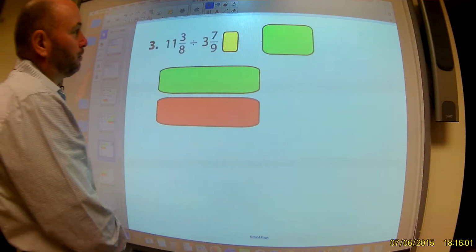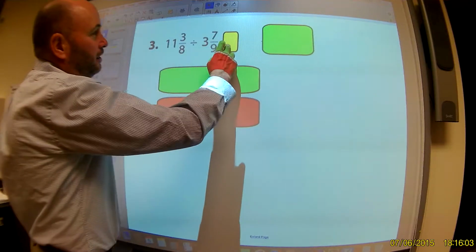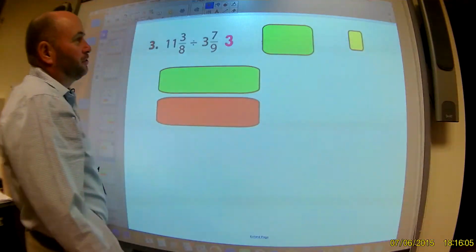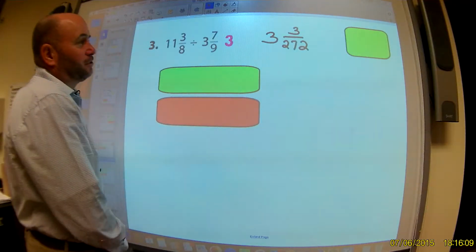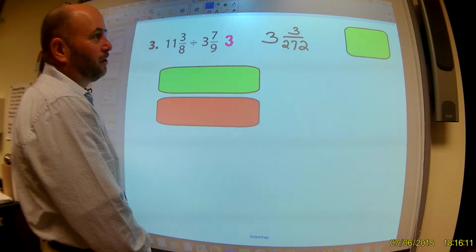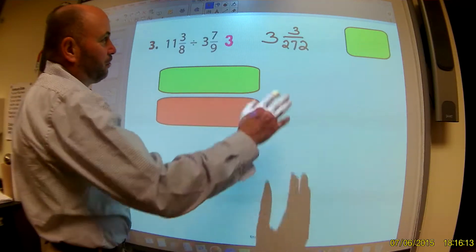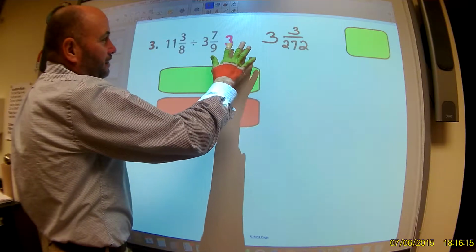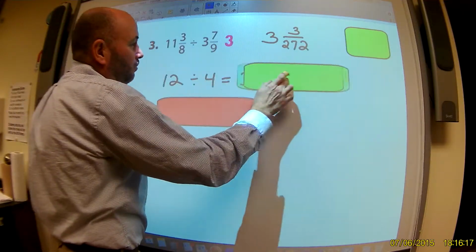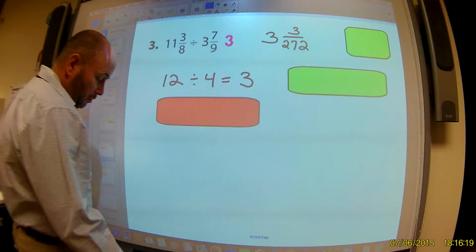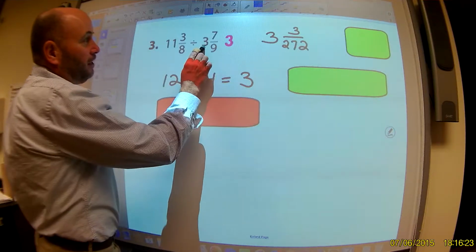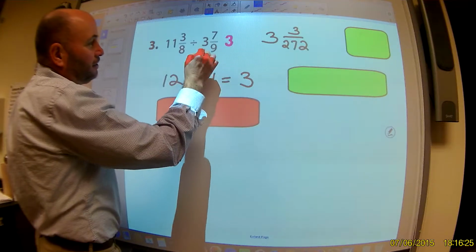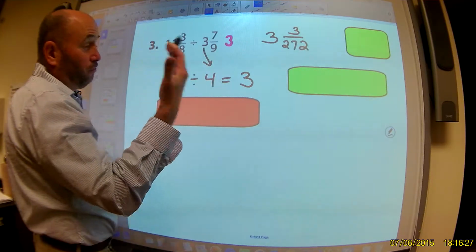Let's take a look at number 3. In number 3, the estimated answer was 3. The exact answer would be 3 and 3/72. So really, 3 is definitely the number you want. One way you could estimate it would be to look for compatible numbers. This is 7/9, so it is definitely close to 4.